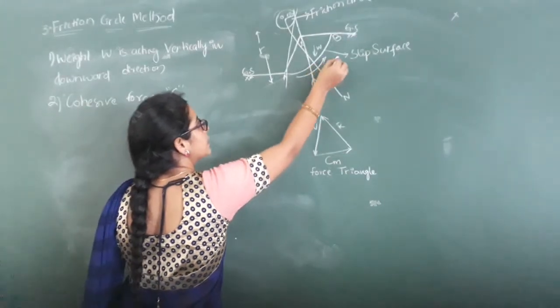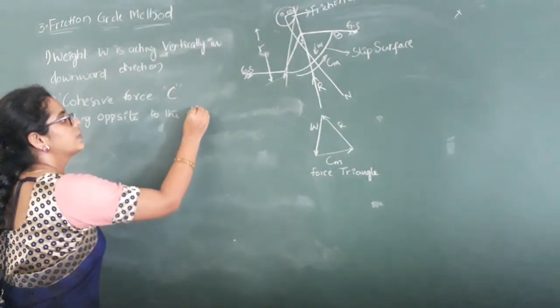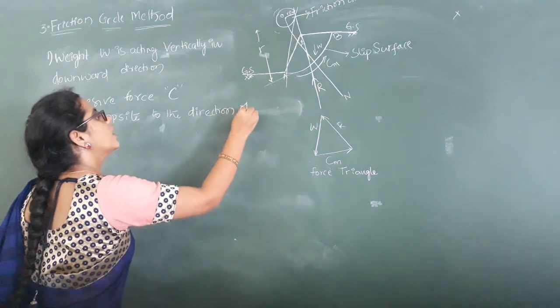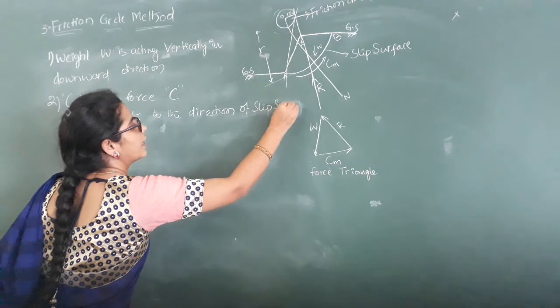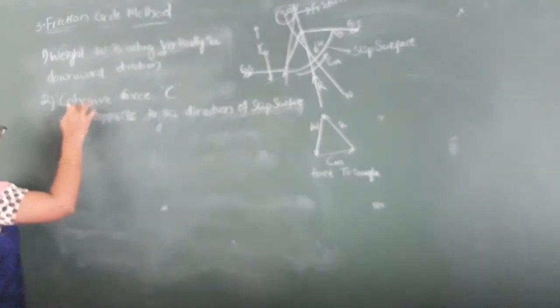It acts opposite to the direction of the slip surface. The cohesive force is a positive force; it obstructs the failure.